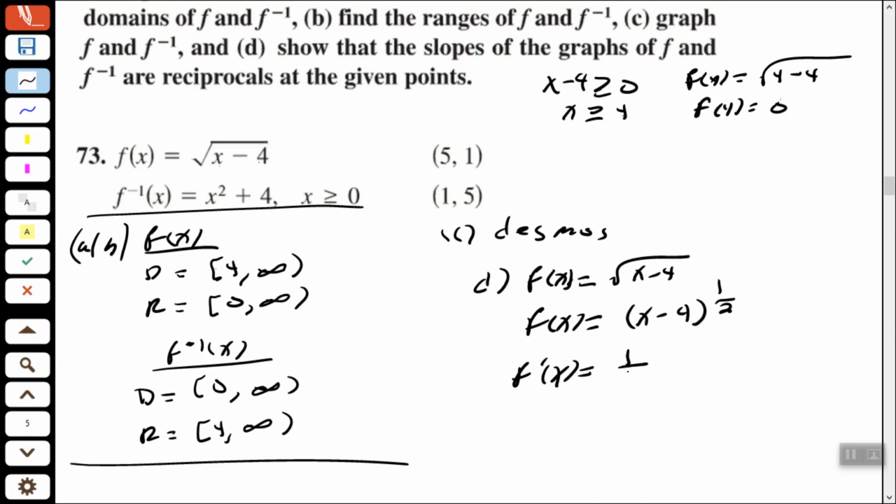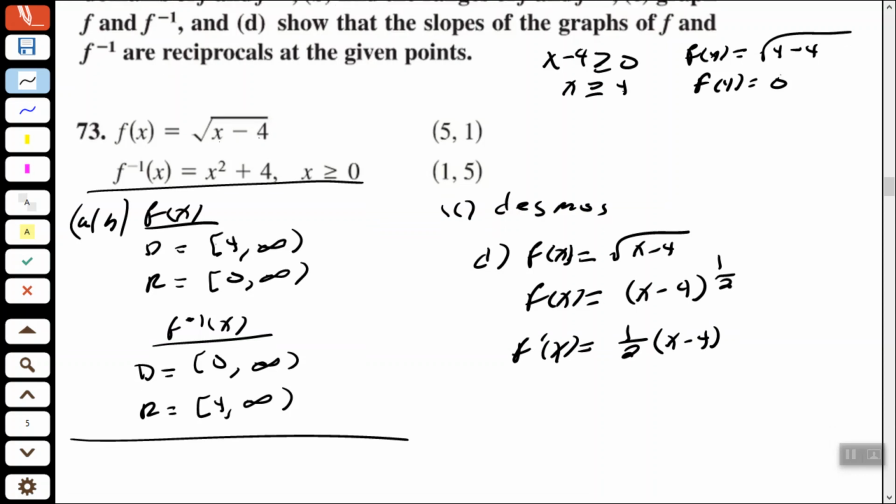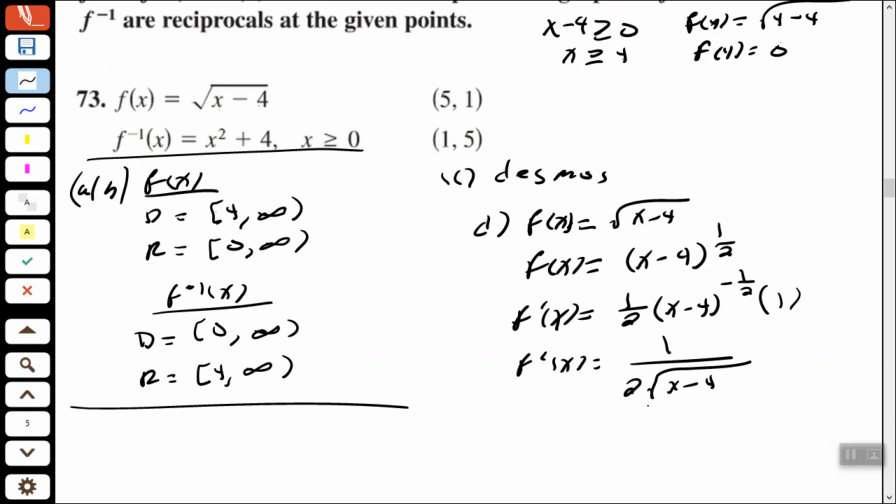So 1/2 times x minus 4, subtract 1, which is subtracting 2 over 2, so negative 1/2, times the derivative of the inside. The derivative of x minus 4 is simply 1. So we have 1 over 2 times the square root of x minus 4.